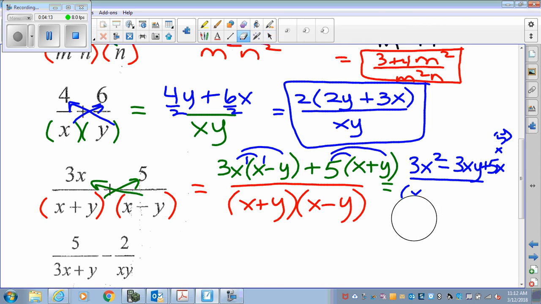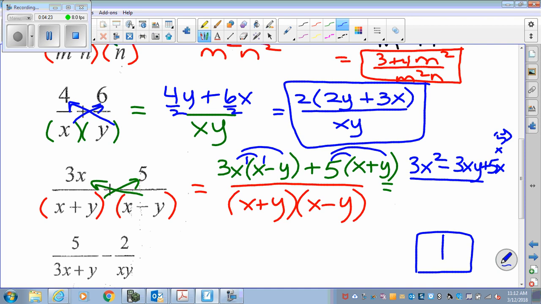Well, you might have noticed this pattern now. If I were to FOIL this, if I put these in the box, I've got x plus y times x minus y. Notice what happens: x times x is x squared. When I multiply these first two, I get x squared.